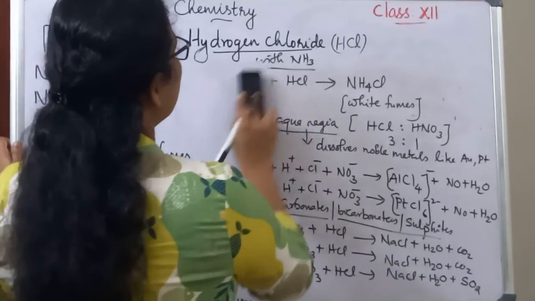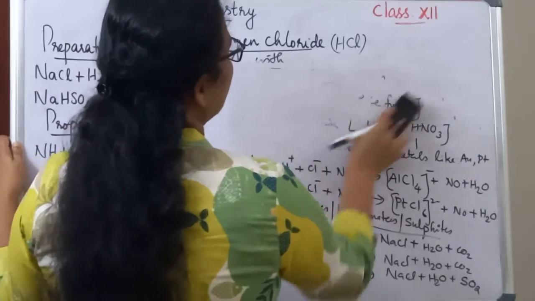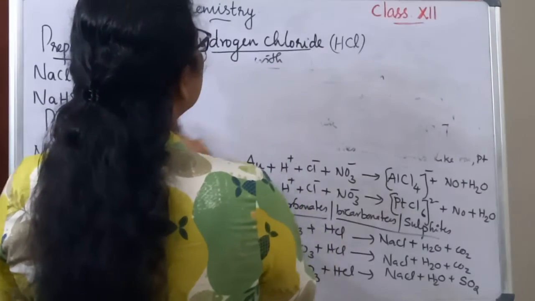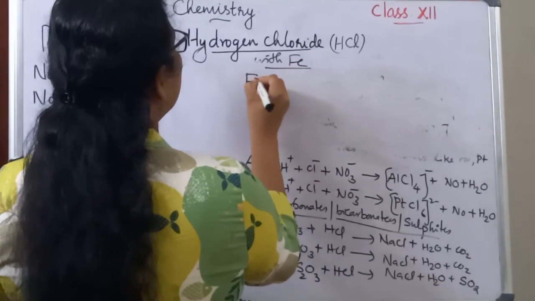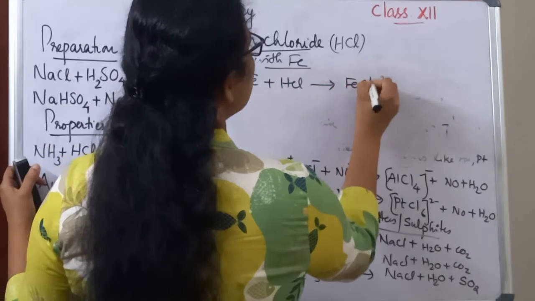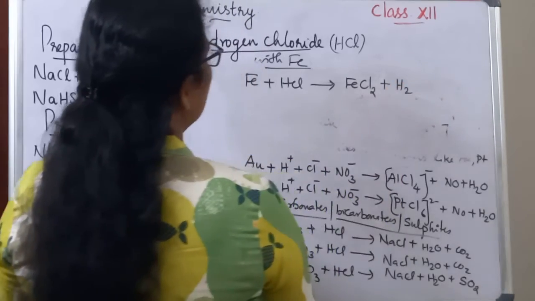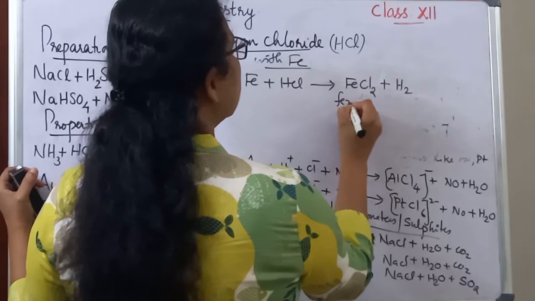Then one more reaction, that is with iron. So with iron, Fe plus HCl gives FeCl2 plus H2. This is the reaction. Actually, FeCl2, that is ferrous chloride, is formed in this case.